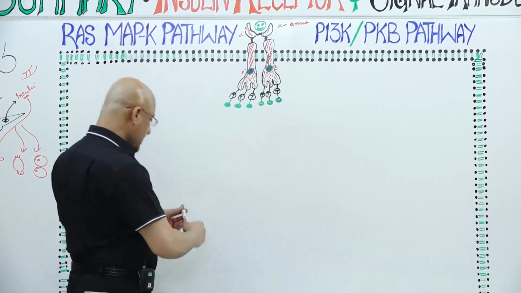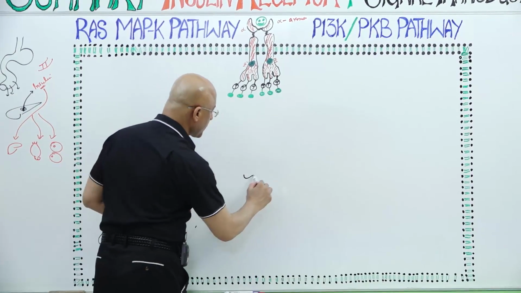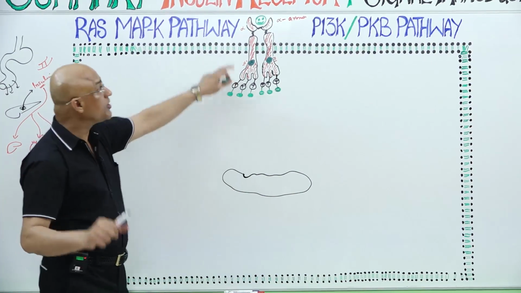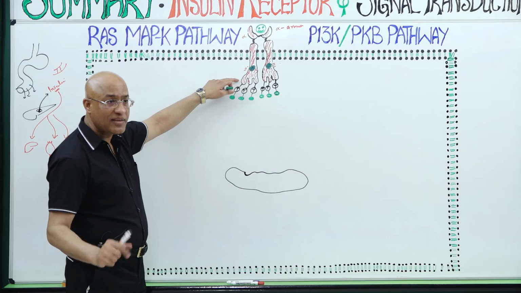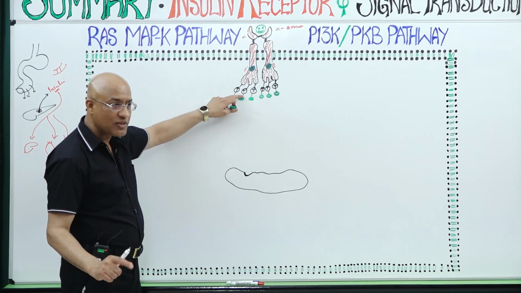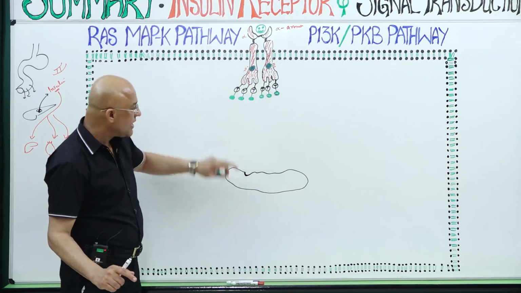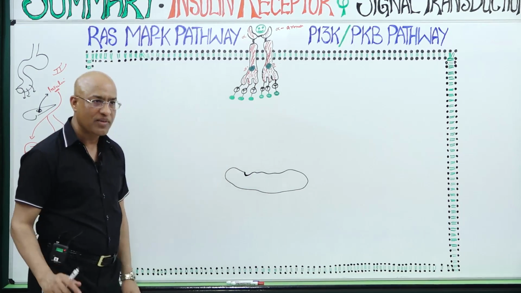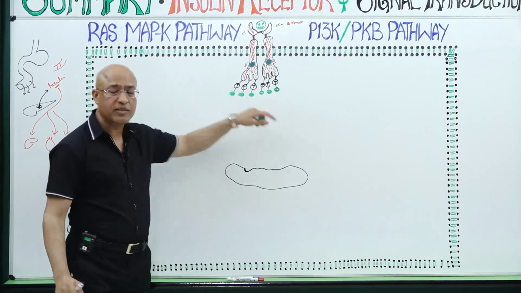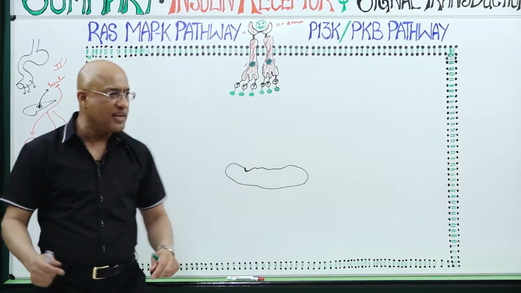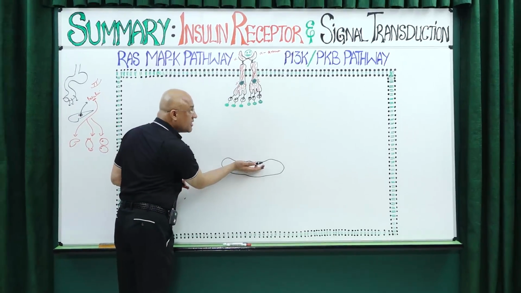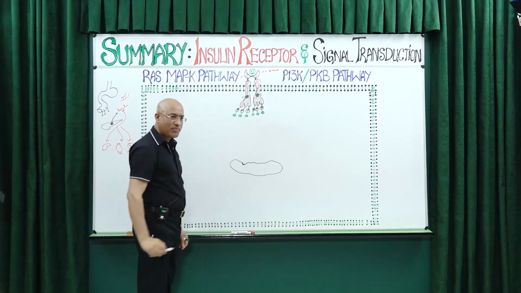If there is no insulin, the receptor is not active and there is no autophosphorylation of the receptor, then this protein cannot bind there. But as soon as insulin comes and the internal part of the receptor beta subunits undergo phosphorylation, these become hot and sticky, and then this cytosolic protein can float there and stick on it, right?